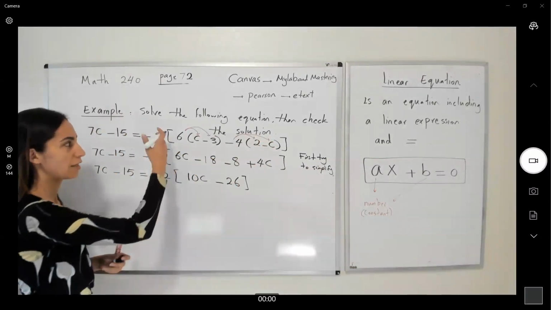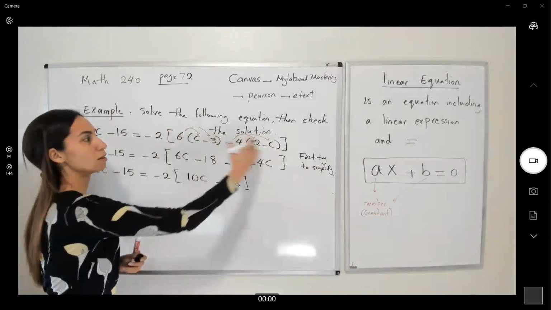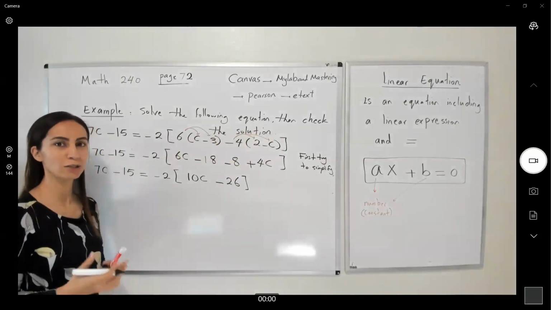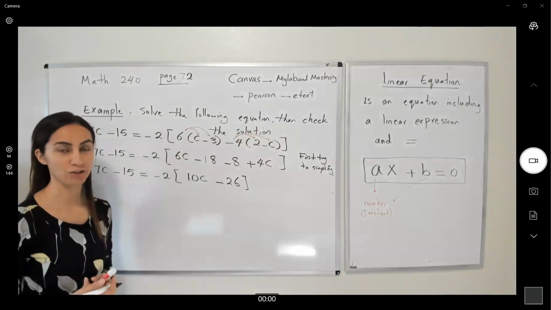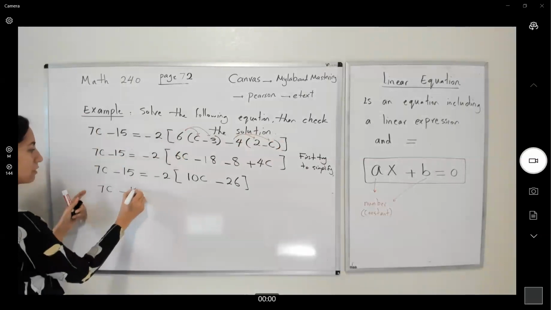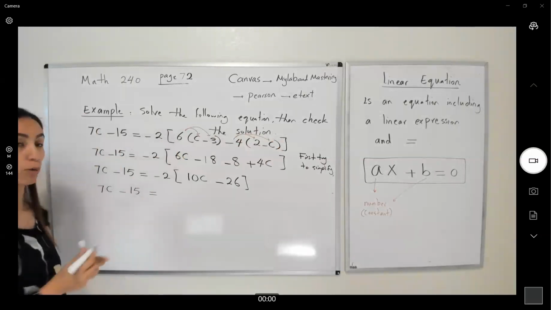There you go. This big, long expression on the right-hand side is now simplified to something more manageable. I'm going to copy down 7c minus 15 on one side equals to.